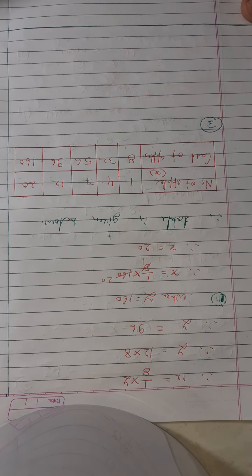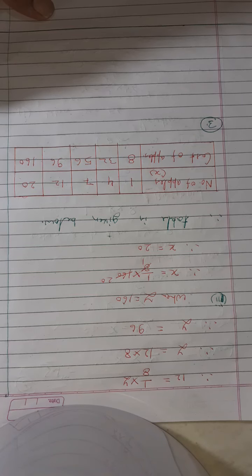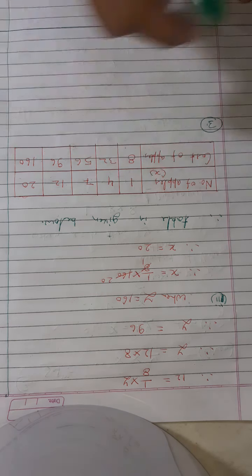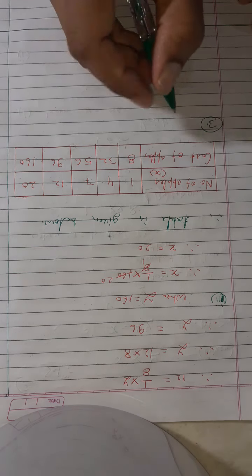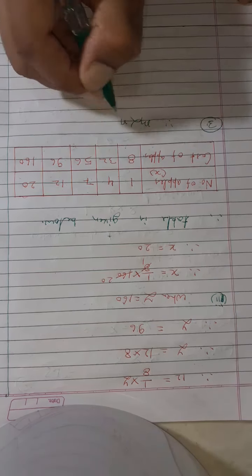Then you have to find the value of m when n is equal to 14.